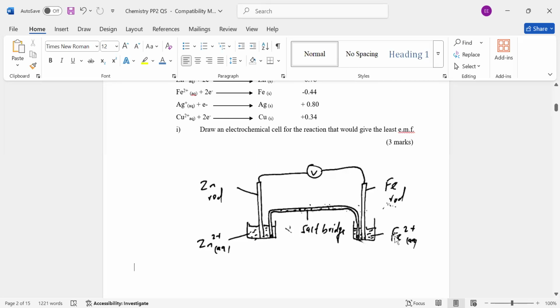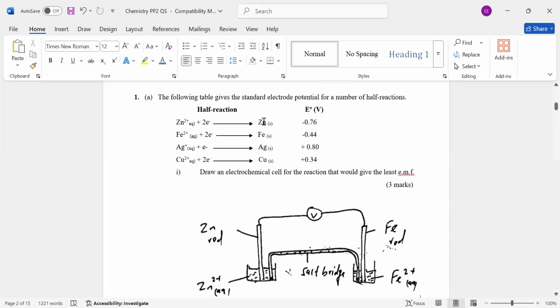Another thing that I wanted to mention, because this is a revision class, is something that you've been doing in class. Remember, the results that we have here after these half equations, all of them are in solid state. The states are very, very important.